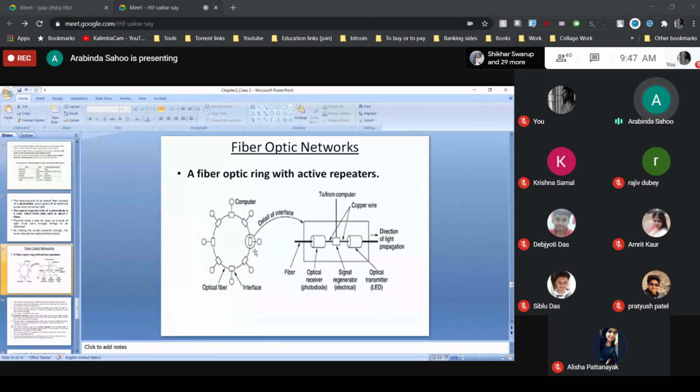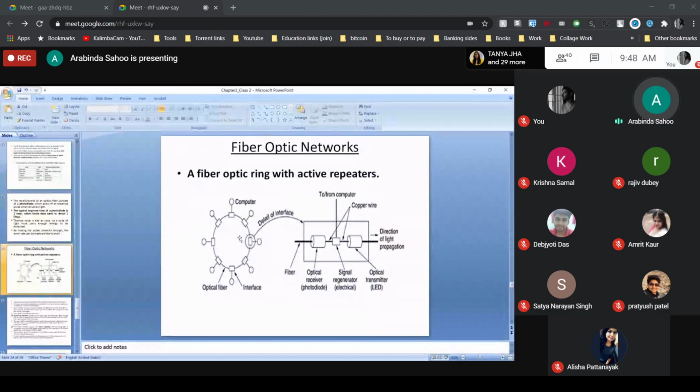So in this case what is the problem? Due to some problem, any construction point of view, or some technical fault, if any of the repeaters is damaged, communication is not possible.